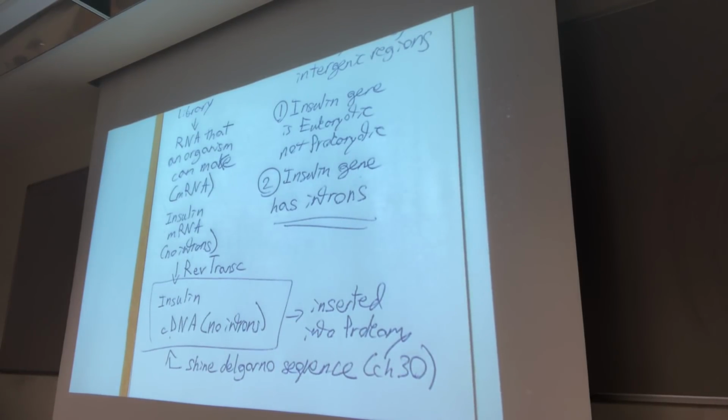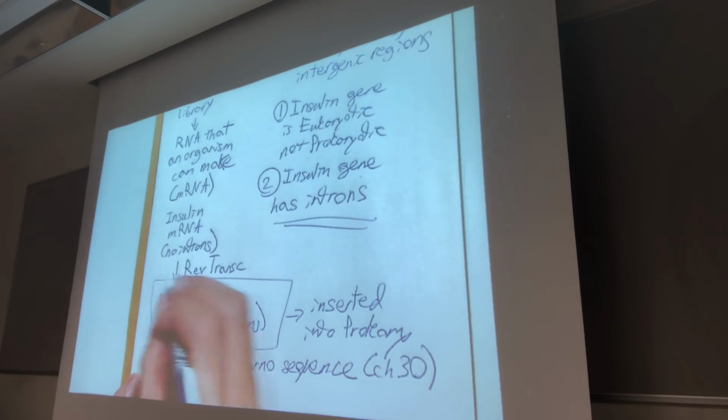The reason why we need to add a Shine-Dalgarno sequence is, you'll learn in chapter 30 that this is a sequence that is found on prokaryotic mRNA that lets ribosomes know to bind to it. Okay, so eukaryotic mRNA and eukaryotic DNA genes do not have a Shine-Dalgarno sequence, so we have to add that in as well if we want to trick a prokaryote into synthesizing insulin.